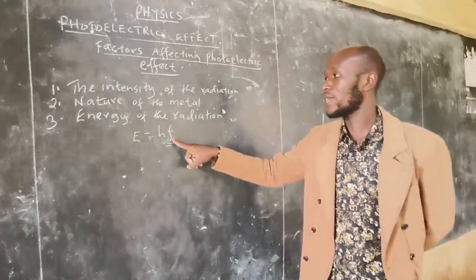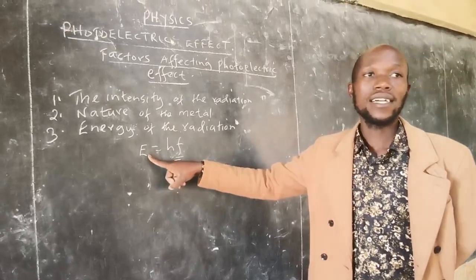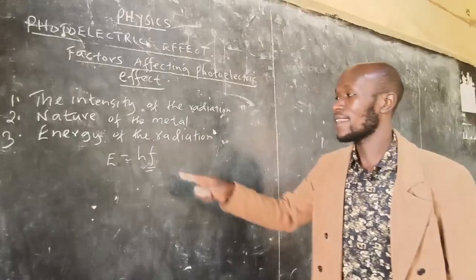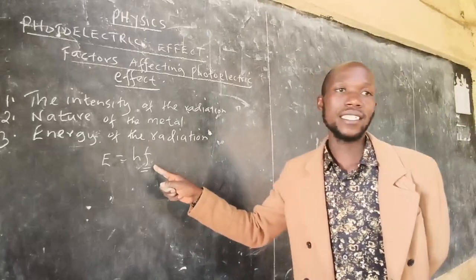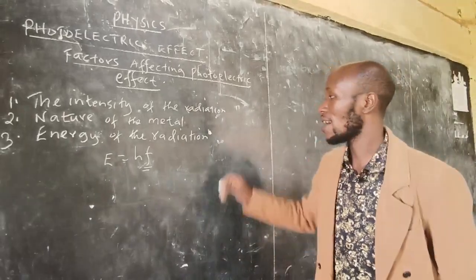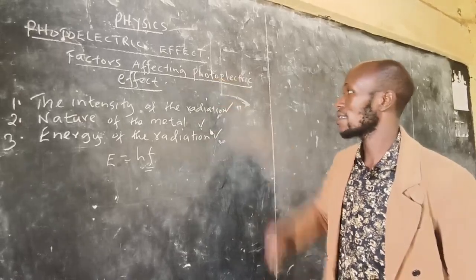Therefore, if the frequency of the radiation is high, then the photoelectrons which are emitted will be more, and therefore the kinetic energy of those photoelectrons will also be high. That's how each of these factors affects the photoelectric effect.